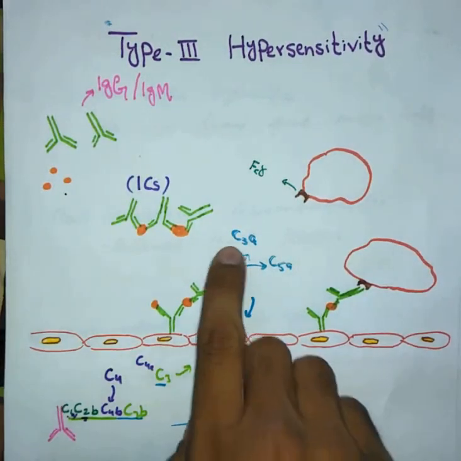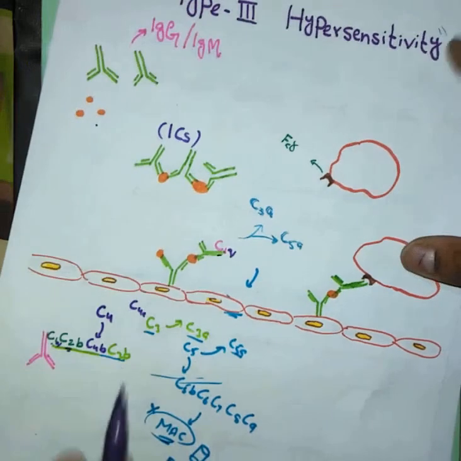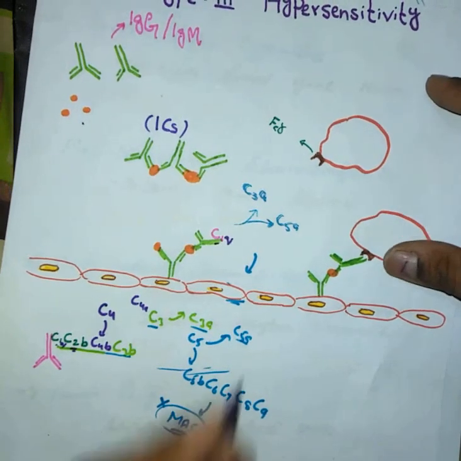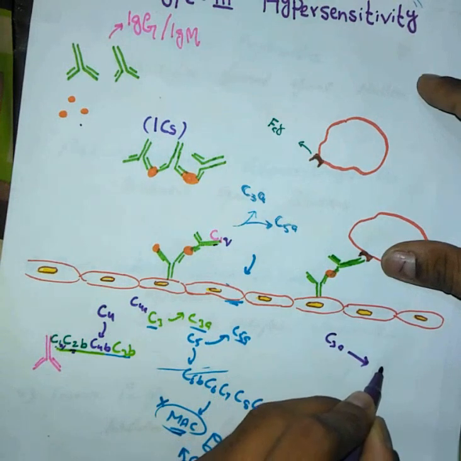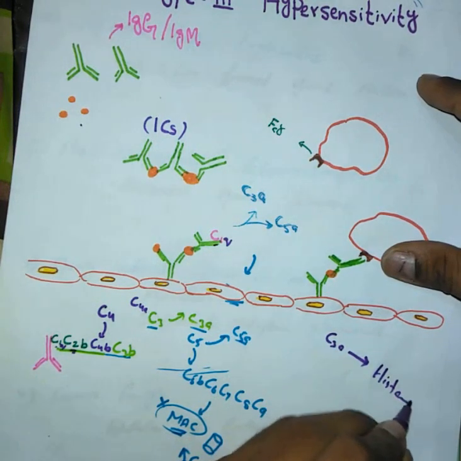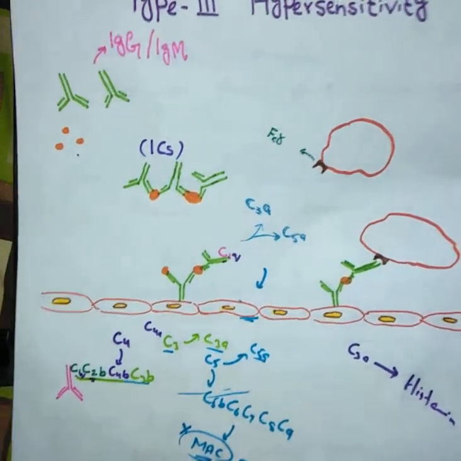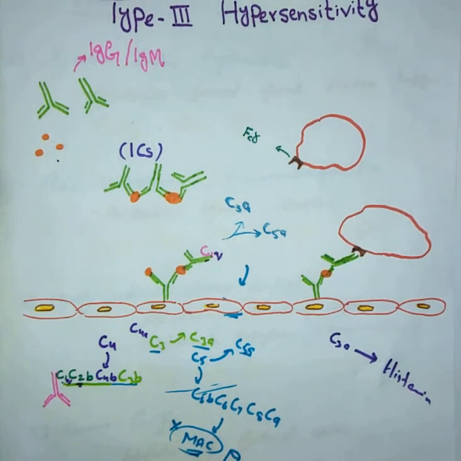So now what will happen? C3a and C5a are very important proteins that play a very important role in the type 3 hypersensitivity reaction. We have seen in the complement protein videos that C3a can cause the release of histamine from the basophil cells, and we know that histamine is a very pro-inflammatory molecule.